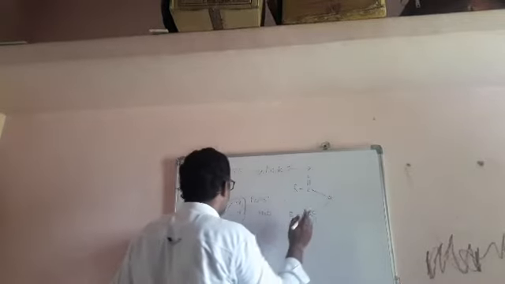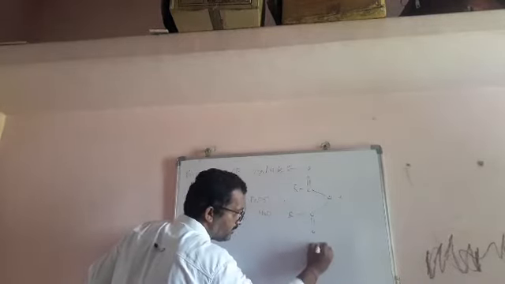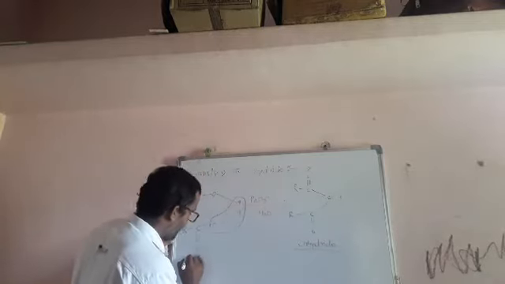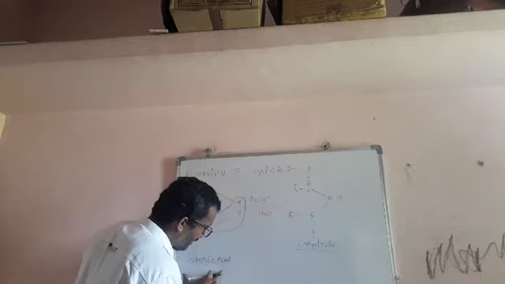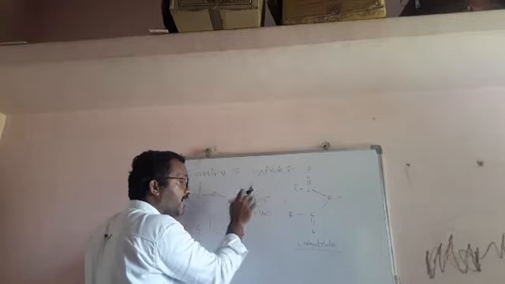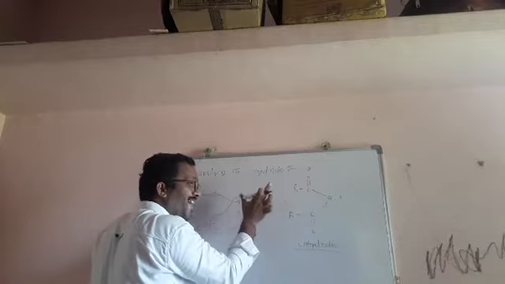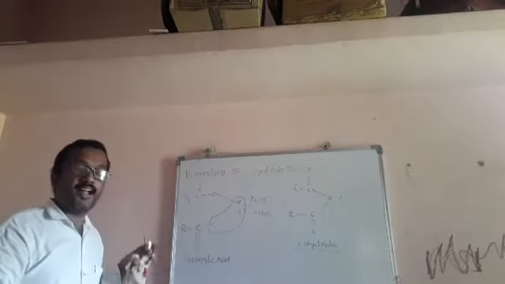This is the anhydride, formed along with the removal of water. When a carboxylic acid is heated strongly with a strong dehydrating agent, P2O5 and concentrated H2SO4, it gives the corresponding anhydride. This is the formation of anhydride from the carboxylic acid.